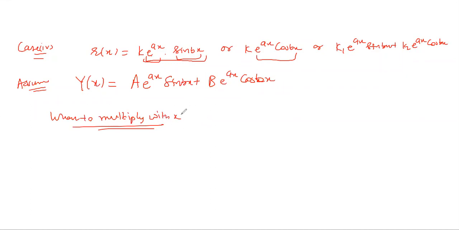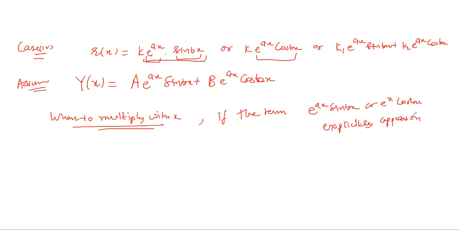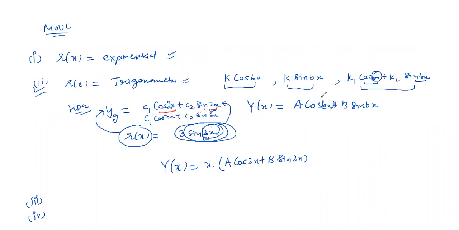So you know the reason in what case you will be multiplying with x: if the term, either e raised to power x sine bx or e raised to power x cos bx, explicitly appears in the solution of the homogeneous differential equation. Just like in the beginning I told you that if this cos 2x sine 2x is matching with the Rx function, the angle multiplicity is matching, in that case you have to multiply with x.